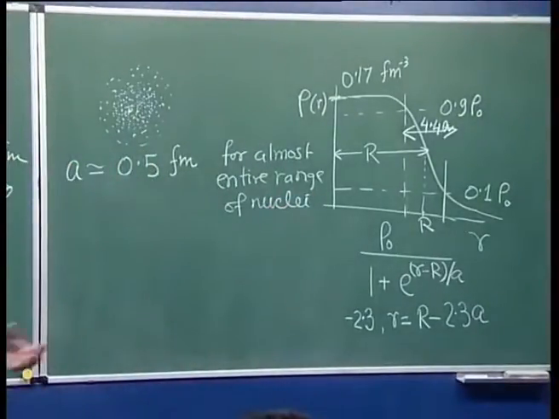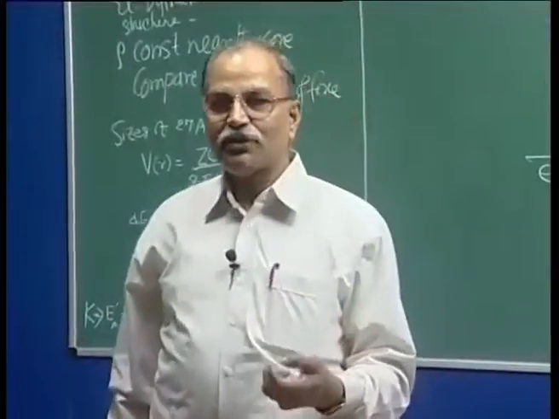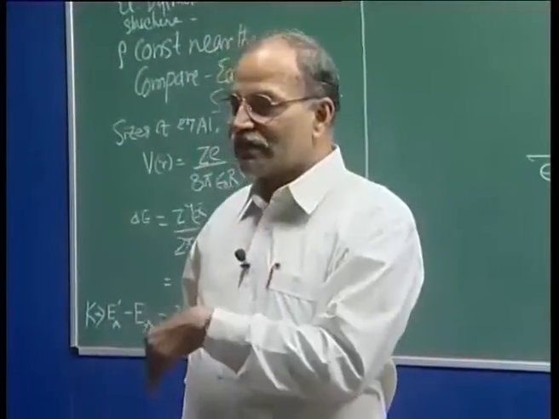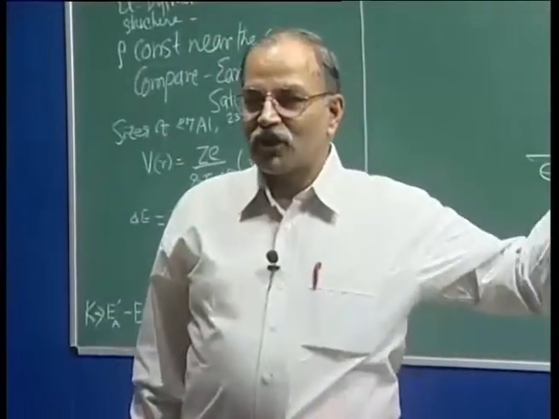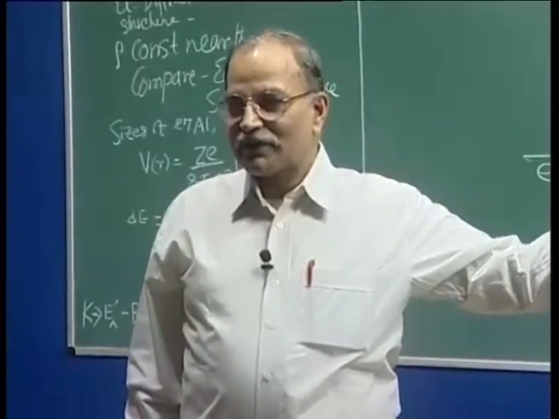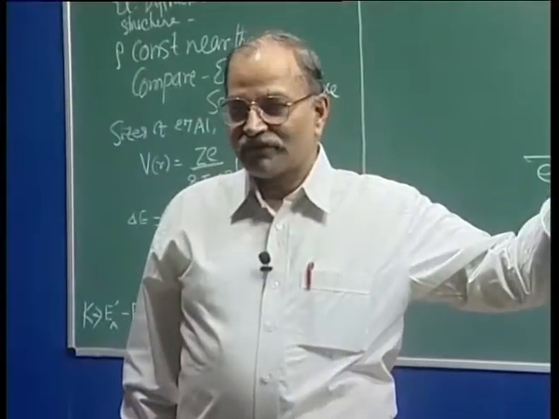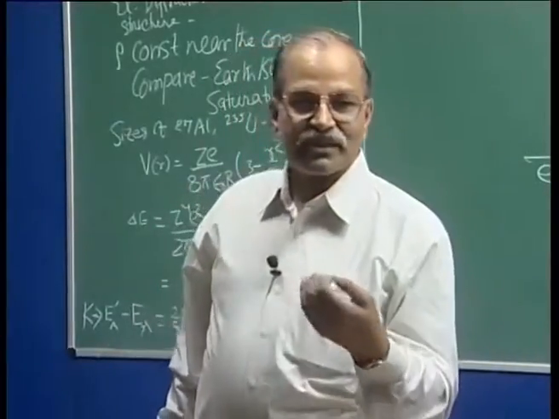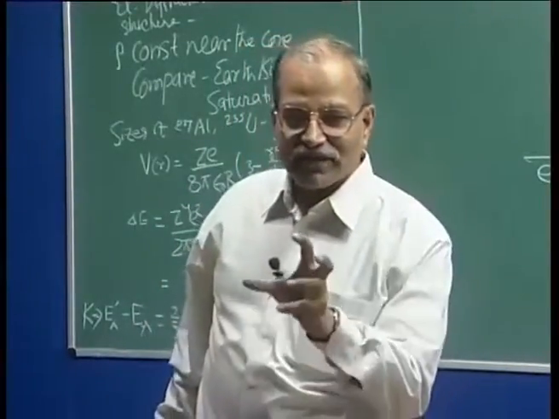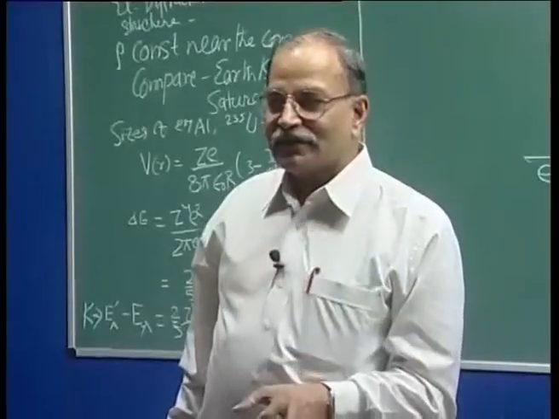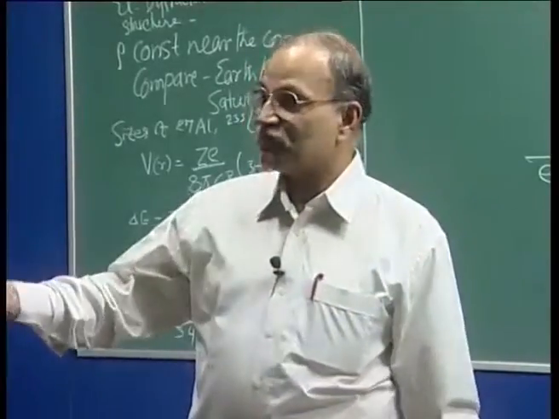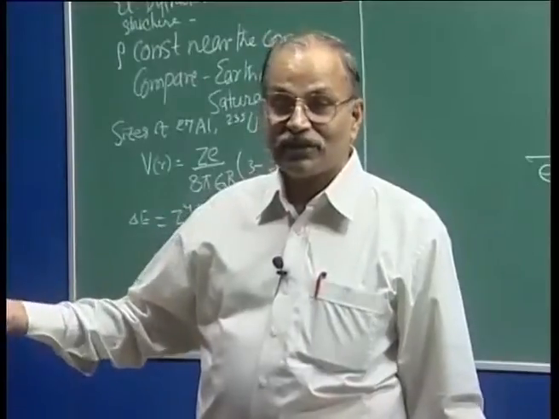So, you do the experiment with, say, carbon nuclei, and from that data you find out how much is A, how much is capital R, how much is rho naught. Then you do the experiment with, say, nickel or zinc, middleweight. You do experiments with heavyweights like bismuth or mercury or gold.